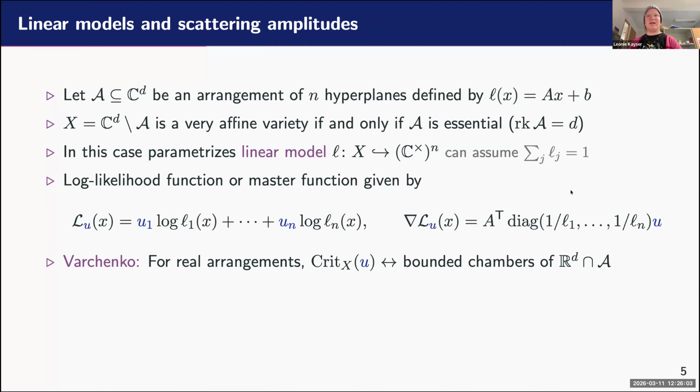And in the case of real arrangements, these critical points have a very nice structure. Varchenko showed that the critical points correspond in a one-to-one way to the bounded chambers. So what I should really say here is that in this particular case, all critical points are in fact real.